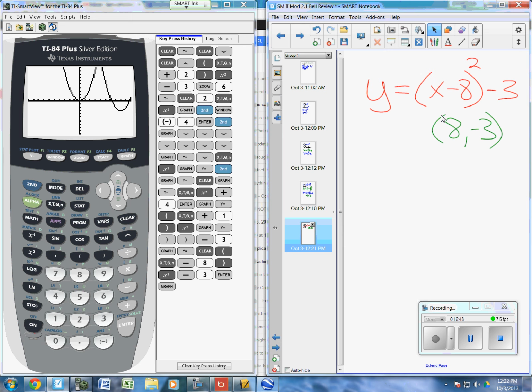Are we understanding this? Okay, I'm going to throw you guys some different ones. Here we go. Y equals negative x plus 4 squared minus 3. Raise your hand when you know where the vertex of this one is going to be.